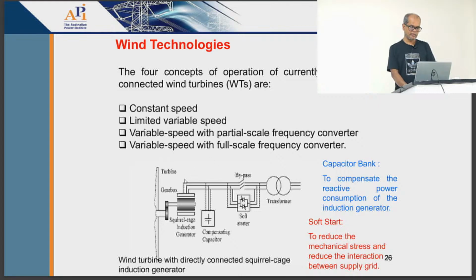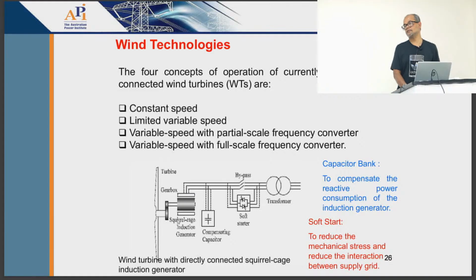And this one is showing the constant speed wind turbine. And here you can say that this is quite similar, like initially we have got turbine, gearbox, then the generator, which is squirrel cage induction generator. Now why actually we are using that capacitor? Because this is the additional component. This is not the part of the wind turbine.